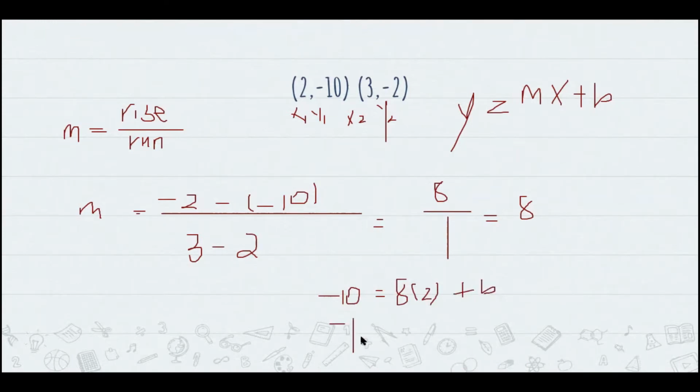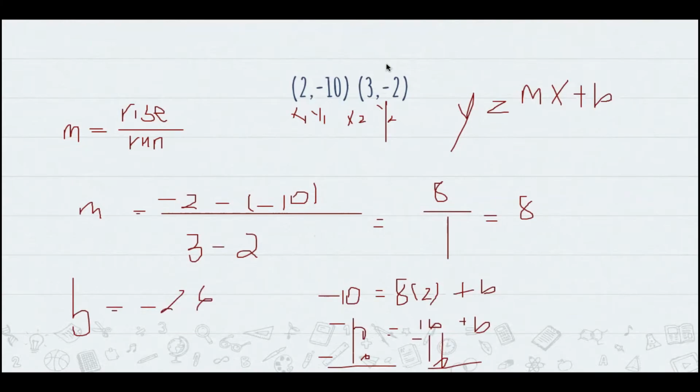So negative 10 equals 16 plus b. Minus 16 on both sides, which gives you negative 26. So b equals negative 26.